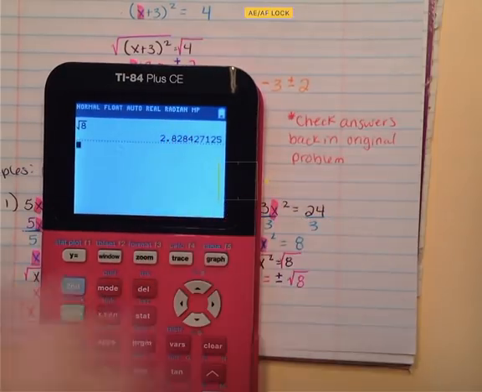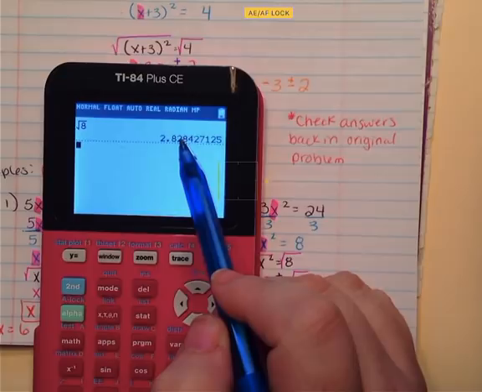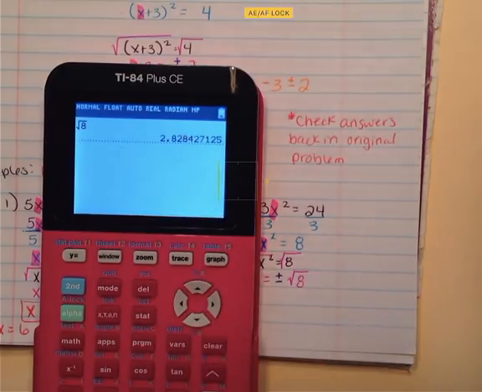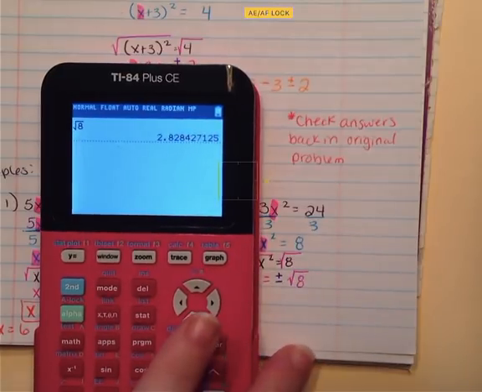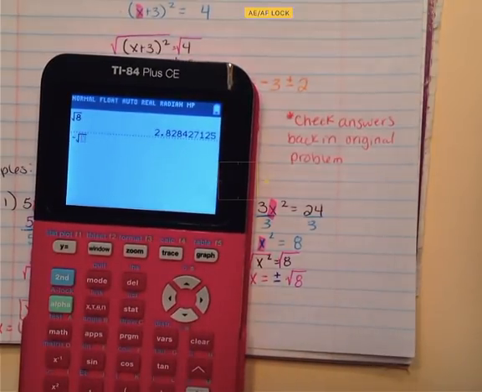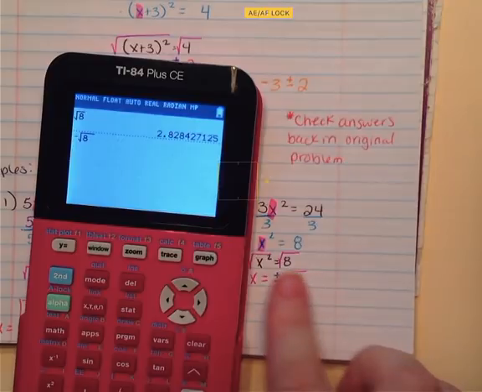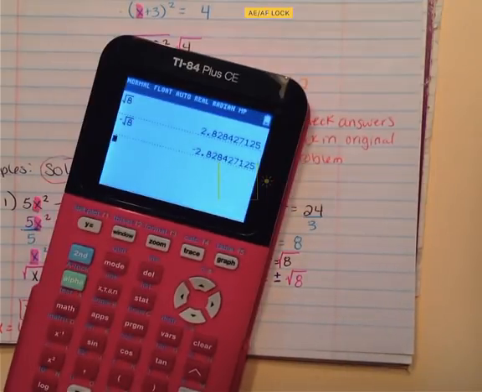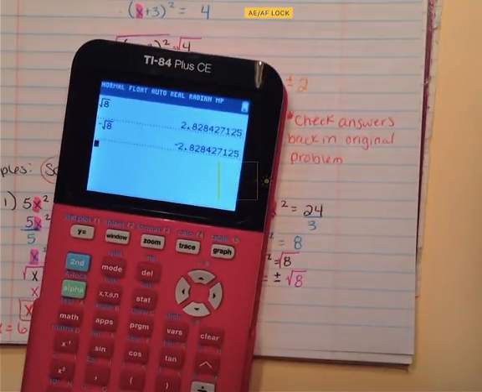That 8 value right here will make this 2 go to a 3. So it's 2 and 83 hundredths. Now, if we did the negative square root of 8, because we had the positive, then we have the negative 2 and 83 hundredths.